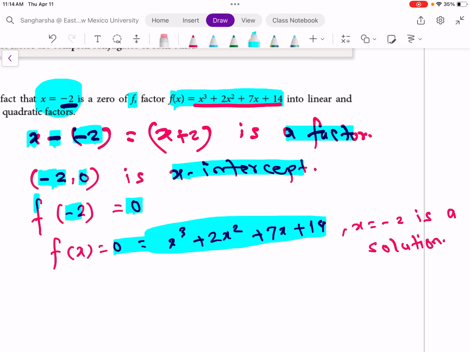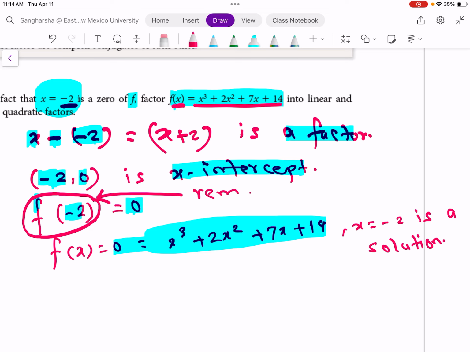And what do we also call this expression from our remainder theorem? Can anyone tell me? I know this is the output at negative 2, and what is this f of negative 2 also called? It is the remainder that we get when we divide f of x by this factor x plus 2.